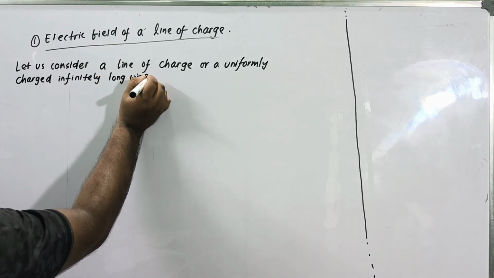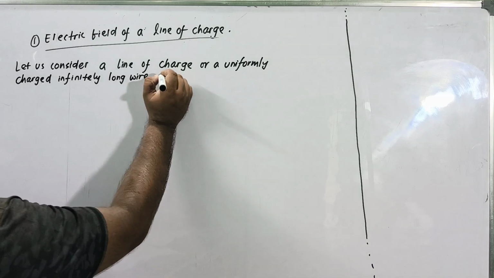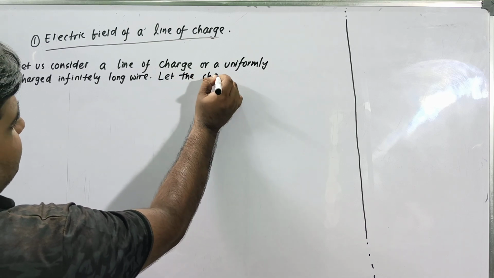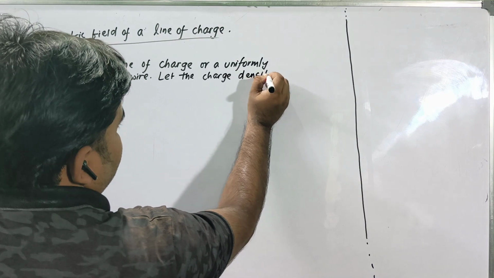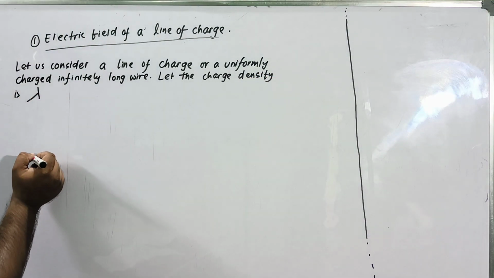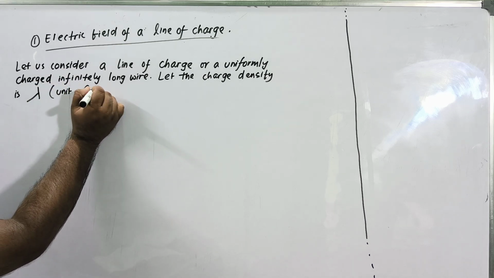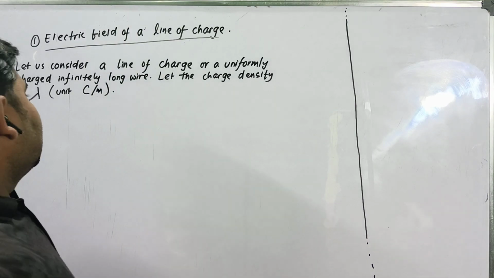Your wire is infinitely long but charged uniformly. As you know, charge density for linear charge is lambda. What should be the unit of lambda? Coulomb per meter. Let the charge density be lambda.